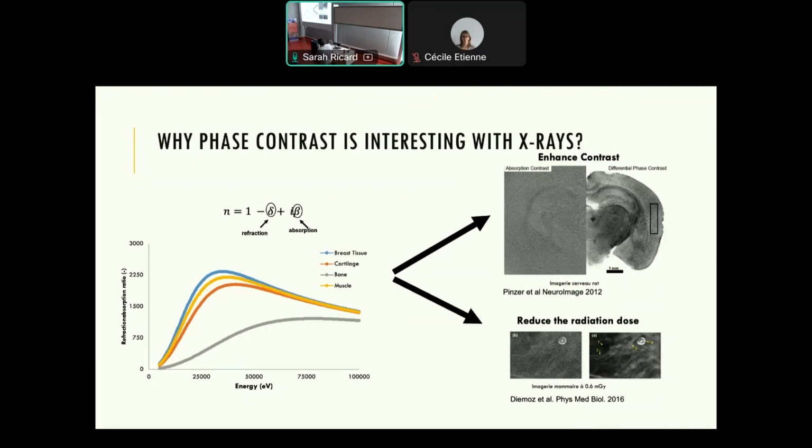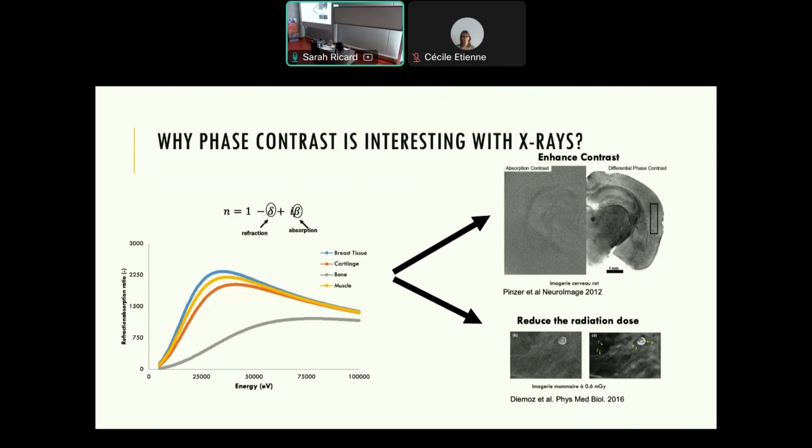If we measure only the absorption, this is the contrast that we have, so nothing. While if we measure this index of refraction, we have this very nice image where we can see, for instance, black structures, the beta amyloid plaques here, directly without any contrast agent.